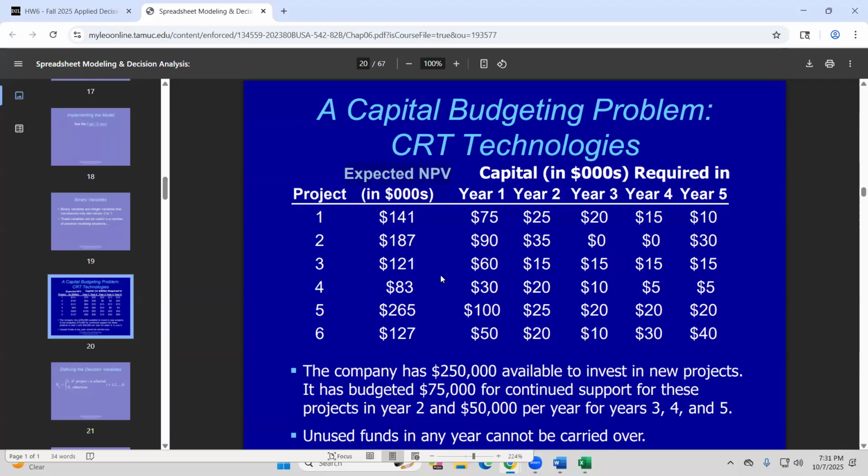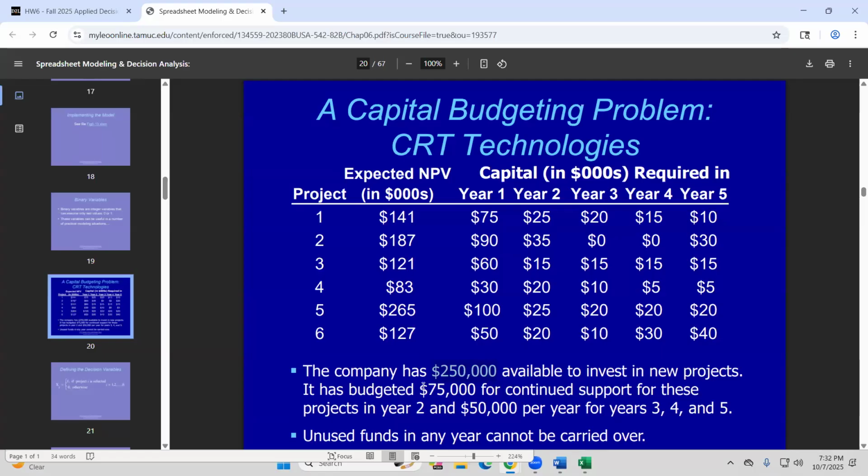They need some capital every year for the next 5 years. So for project 1, if we pick it, we have to pay 75,000. For project 2, we have to pay 90, and so on. At every year we have some budget, for example, 250.